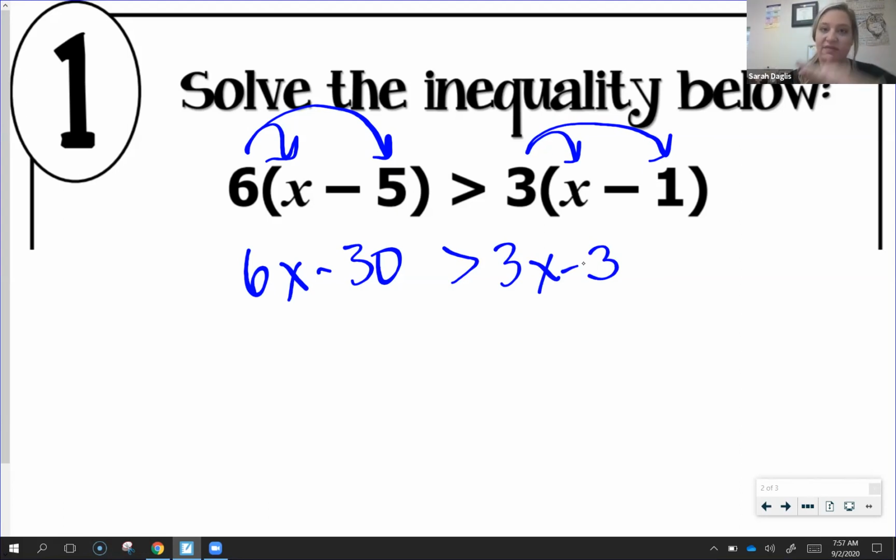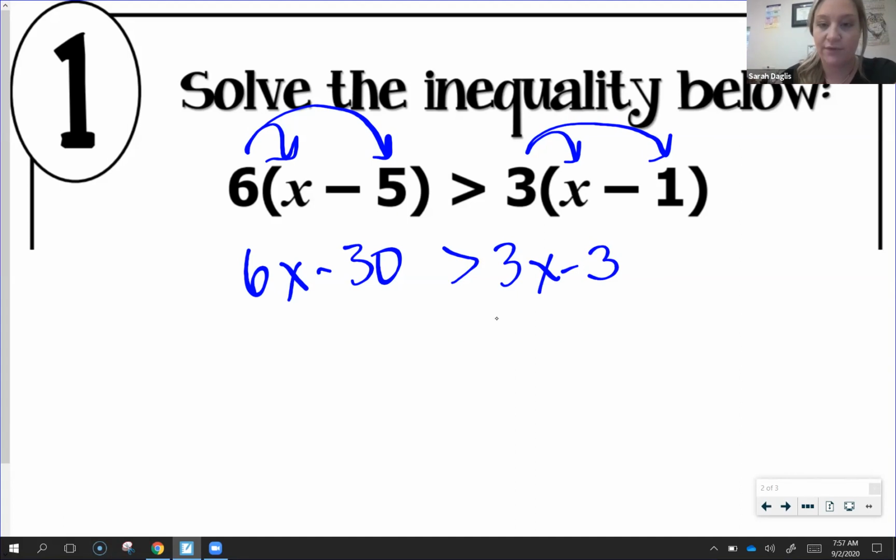Now we're gonna start moving things over. You'll notice in all of your answers, your x is on the left-hand side. So when I solve my problems, I'm always gonna move my x to the left. You do not have to, it's not required. If you wanna keep the x on the right or left, you can switch it around both ways. Just make sure you recognize all of your answer choices have the x on the left-hand side, right?